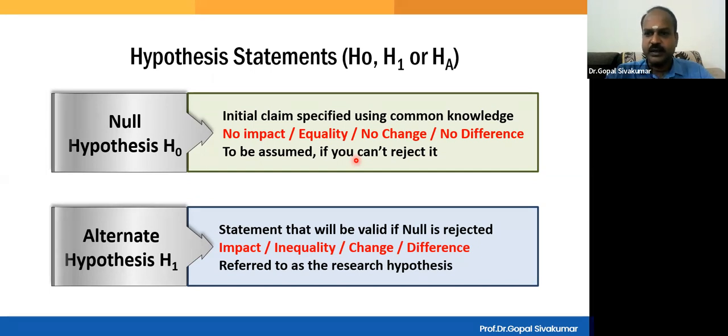Machine 1 production rate is different from machine 2, or machine 1 is faster than machine 2. There is an inequality, isn't it? So it's also considered a statement of change, a statement of difference. Sometimes alternate hypothesis is referred to as the research hypothesis, because you will be able to make this statement only after conducting some experimentation. And so it is also referred to as research hypothesis.